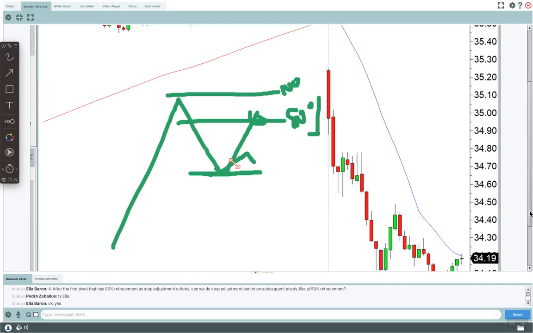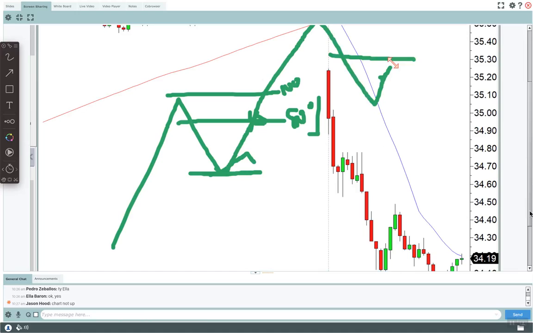What Ella's asking is, after the first one, can I use the 50% mark as the pivot? And I just say, well, okay, start using 50 and see, do you get knocked out a lot of times and it keeps going using 50 versus 80? If the answer is no, then yeah, keep 50. Let experience be the real teacher. Don't guess. Don't go by feeling. This is where journaling comes into play.